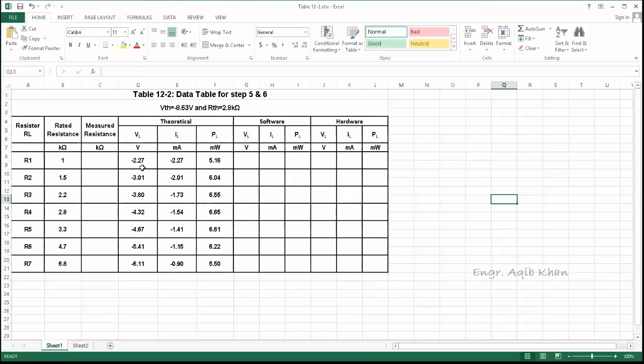The theoretical values are calculated by voltage divider, and IL is simply V Thevenin divided by R Thevenin plus RL, and PL is simply the multiplication of VL into IL.